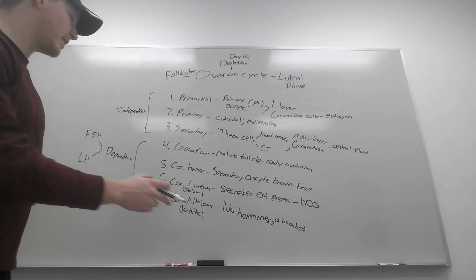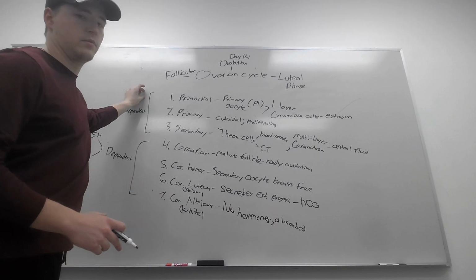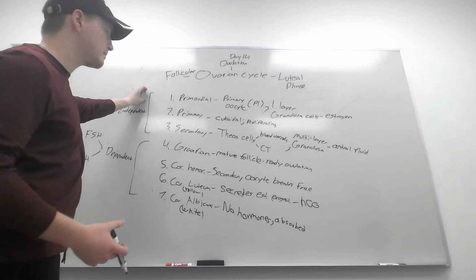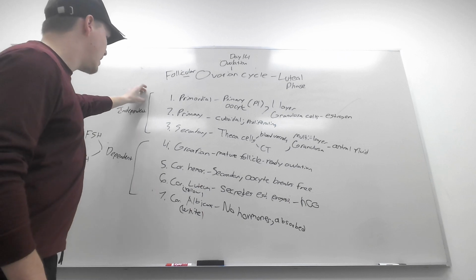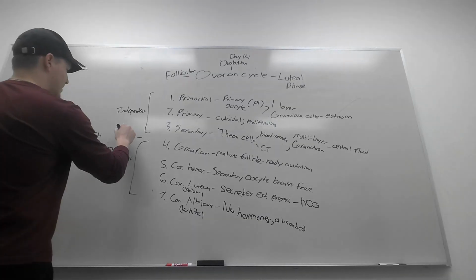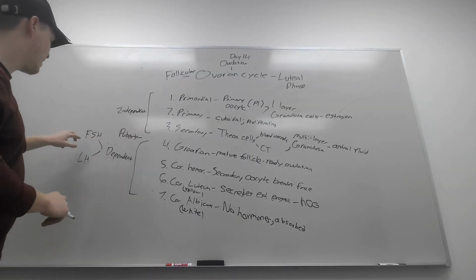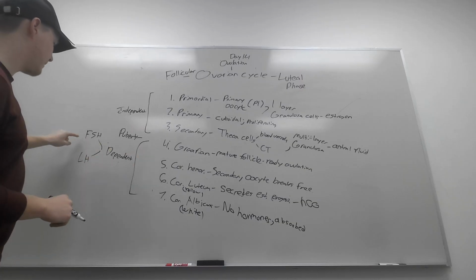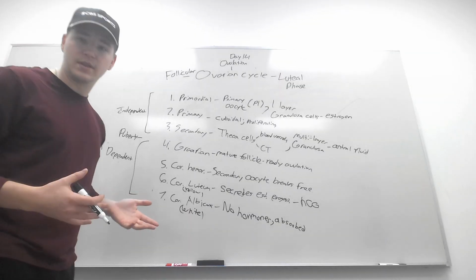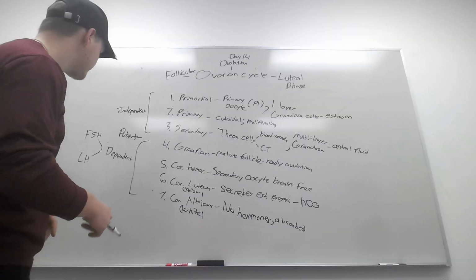So that's the cycle. Obviously we have an abundance of primordial follicles present at birth, and even before that. This is all developing during childhood, and puberty is when this happens. At puberty, at these phases, follicle stimulating and luteinizing hormone come into play, which is the hypothalamic pituitary ovarian axis, if you will.